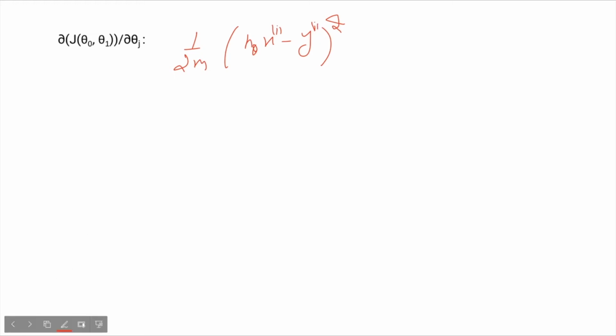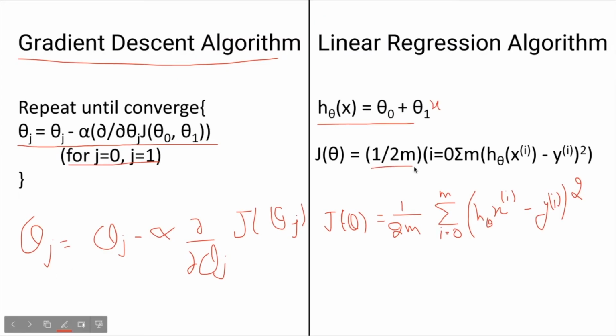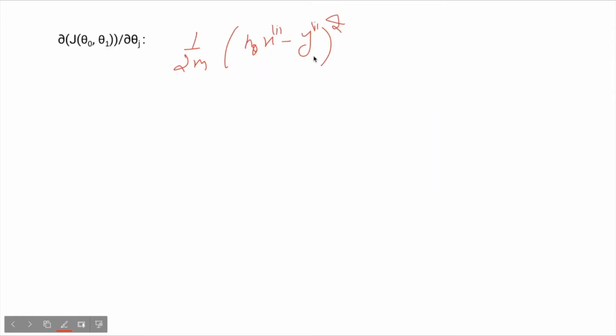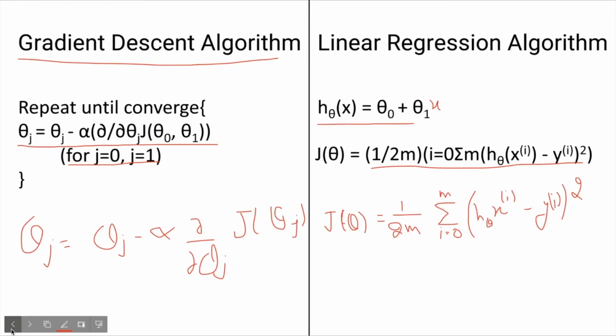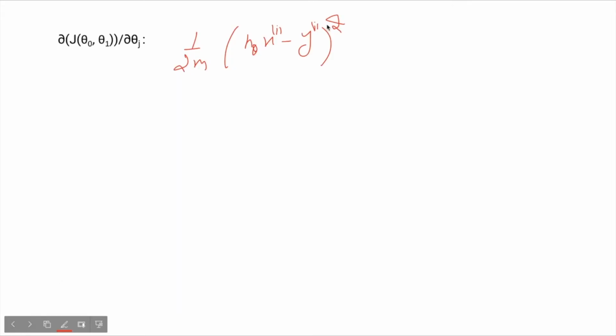So this is like the previous algorithm, but I have removed the summation because it is clear that we are taking specific examples, so the summation isn't required here, and here is the power 2.